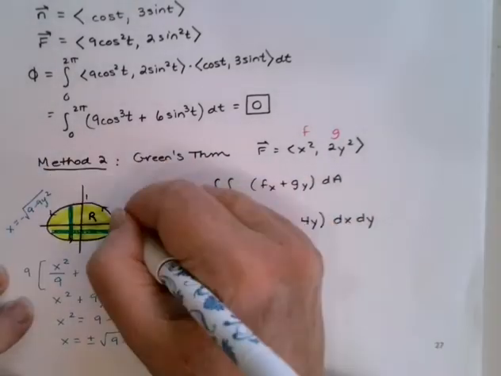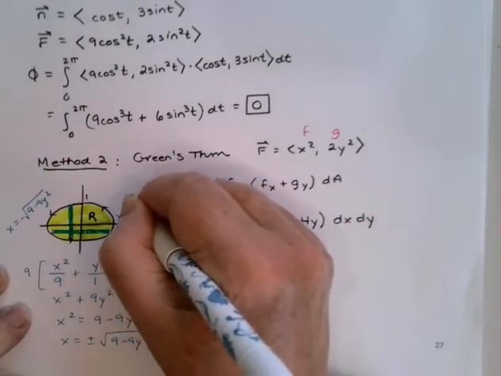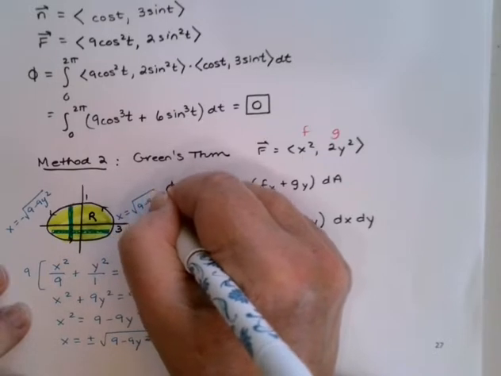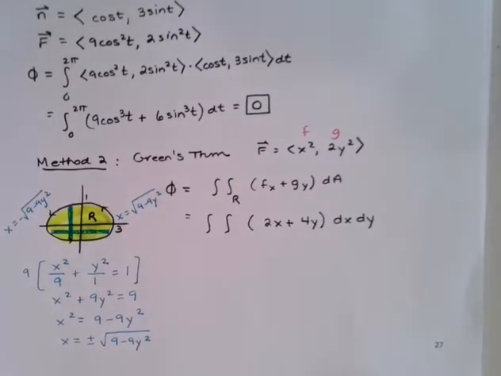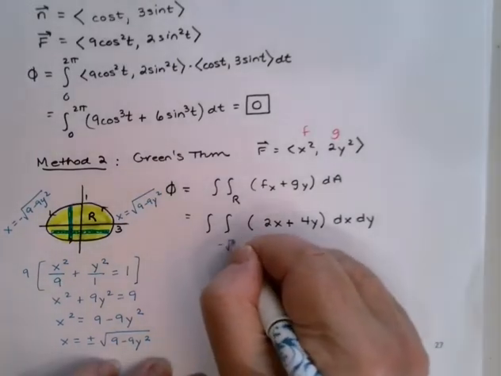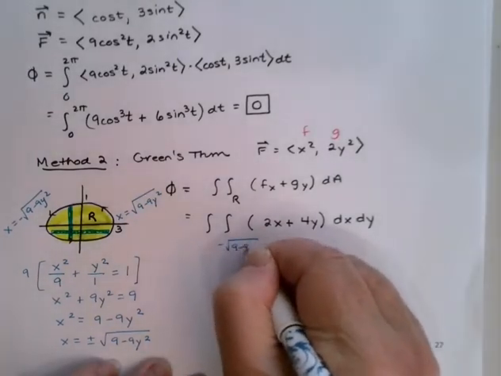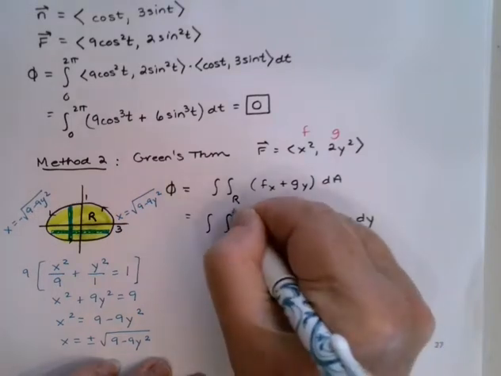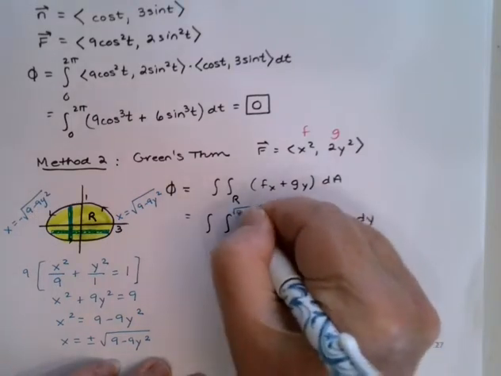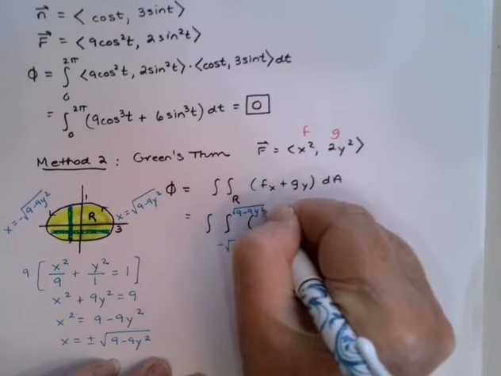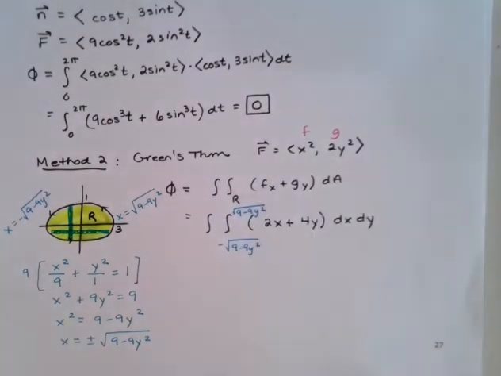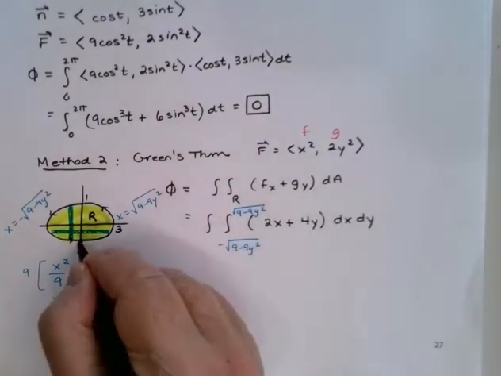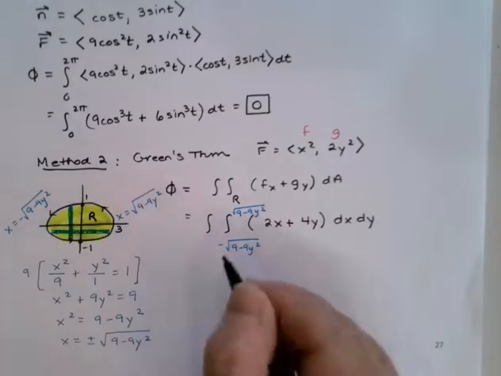And the x on the right side would be the positive square root. So that's going to provide me with my x limits of integration. And then the y limits of integration would go from down here at -1 to up here at +1.